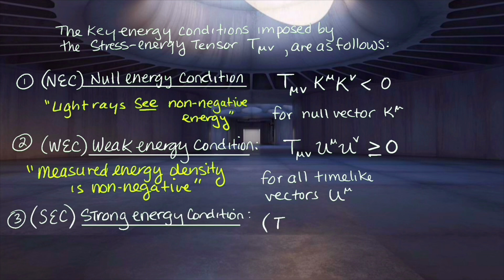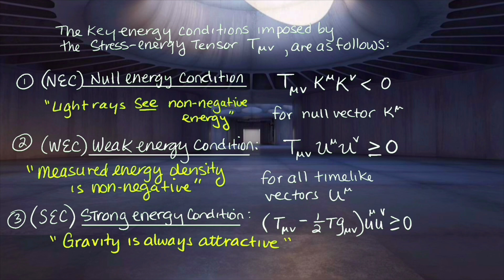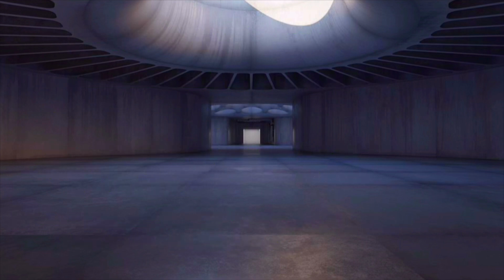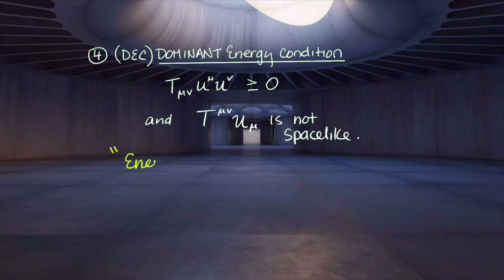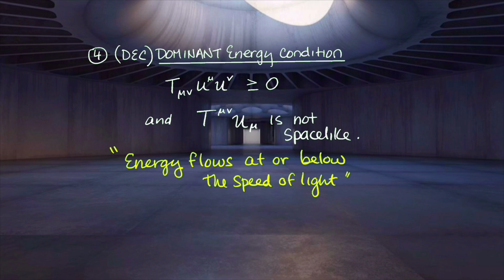The strong energy condition says the stress energy tensor satisfies this condition, which is a way of saying that gravity is always attractive. And there's the dominant energy condition, which states this, where the following quantity is not space-like, and that's a statement that says energy flows at or below the speed of light.